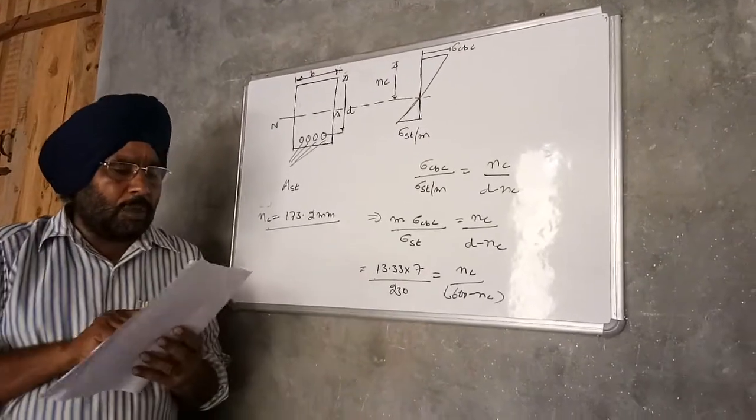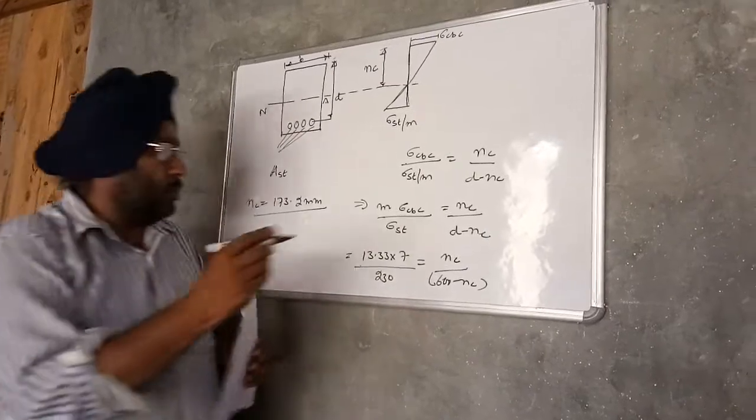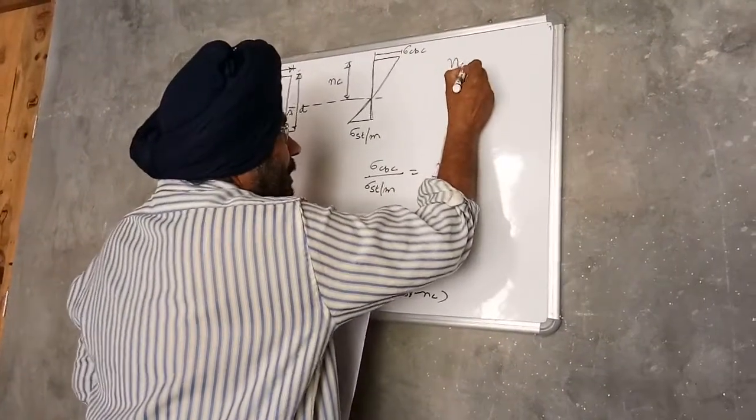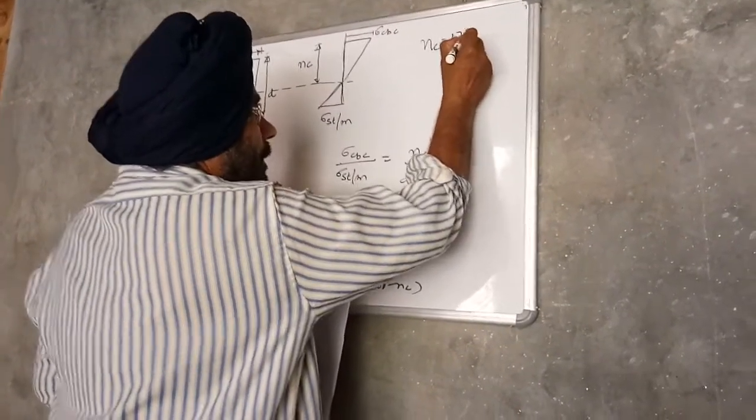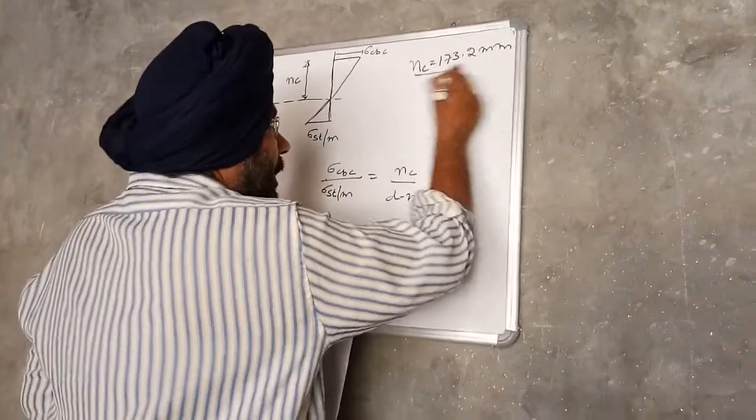This is the depth of the critical neutral axis. Then second, we will find out the depth of the actual neutral axis. Critical neutral axis NC is 173.2 millimeter.